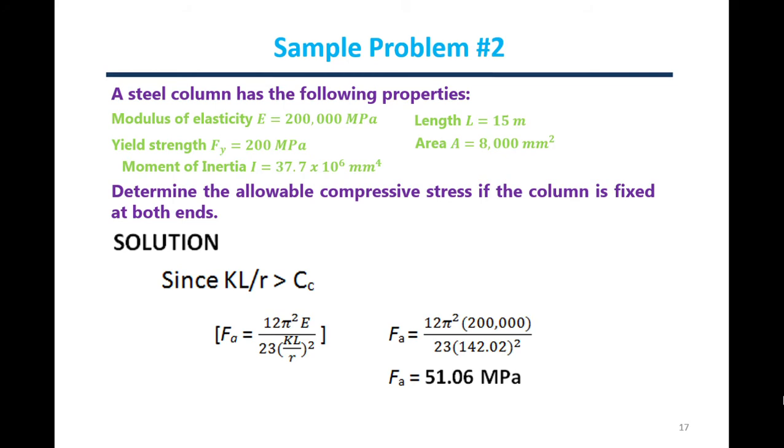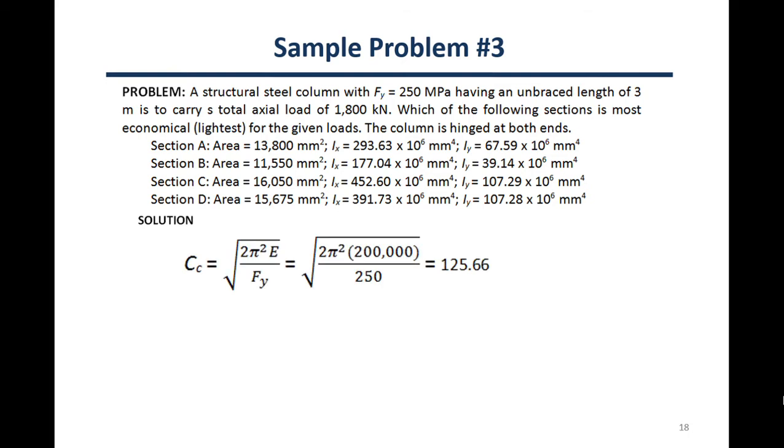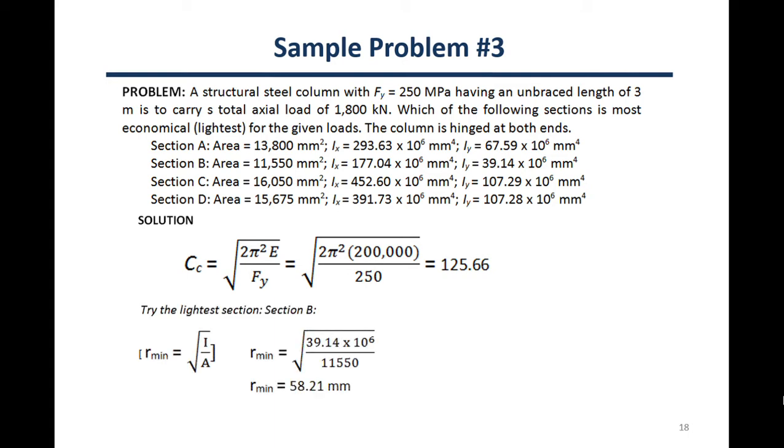Okay, next. Check natin kung yun ang pinaka most economical na gamitin. So we have the value of the area. We have to get first the value of the critical slenderness ratio. Try natin ang B. So we have to get the r minimum.